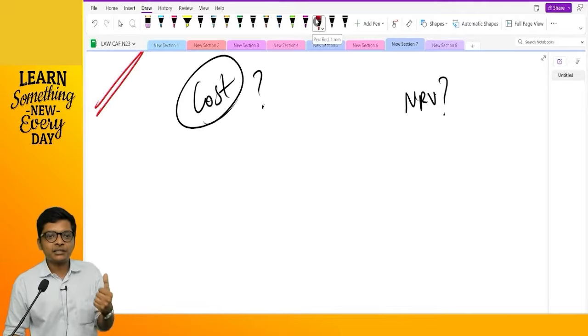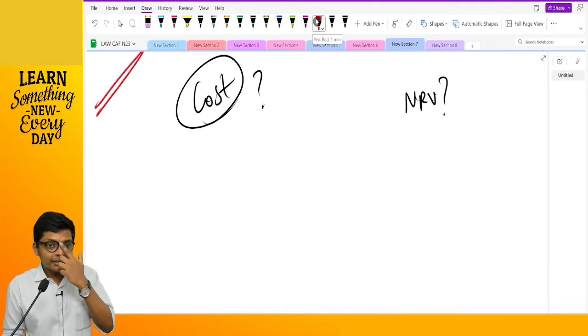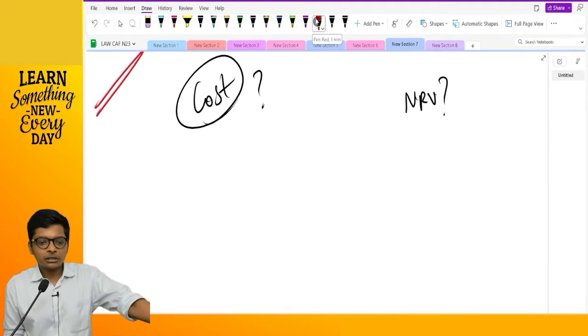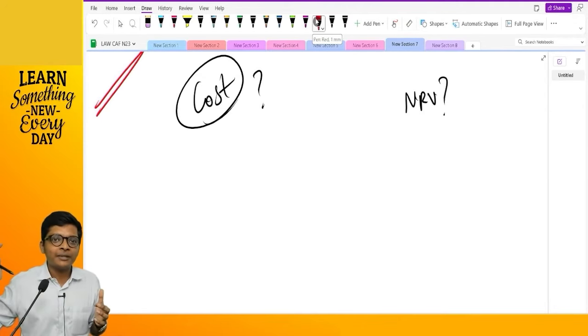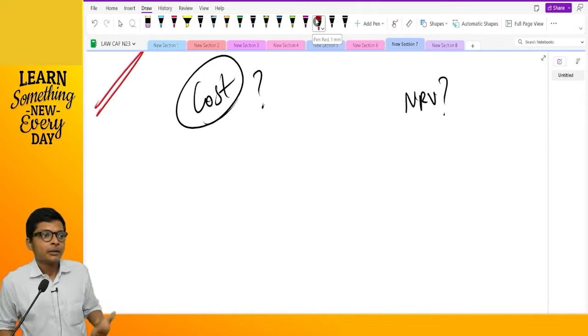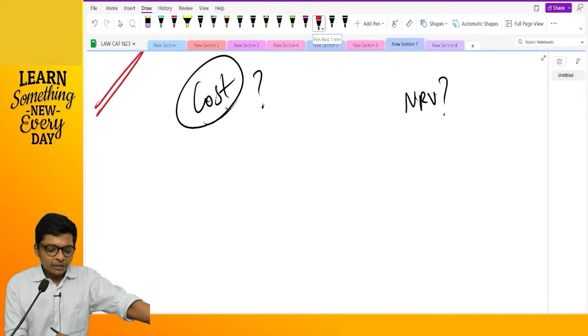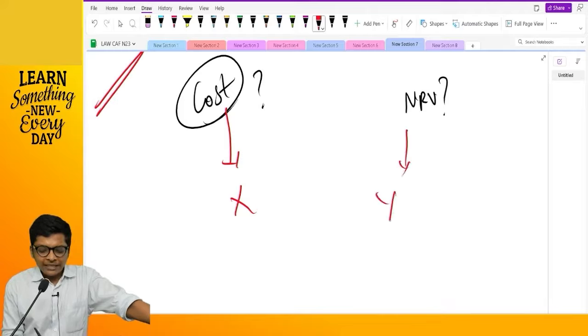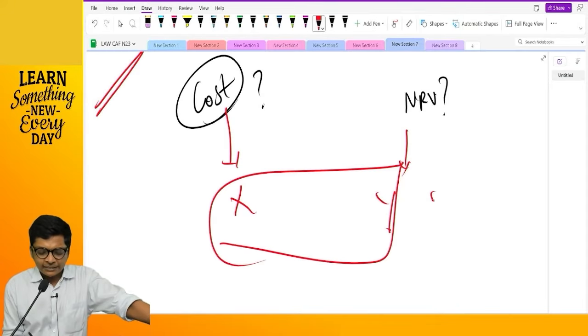Cost of purchase, cost of conversion, other cost, correct? And we said basically, in the case of Lay's chips, from the time you buy potato till it is manufactured. And the whole objective of this chapter is to find the cost, find NRV and value whichever is lower.